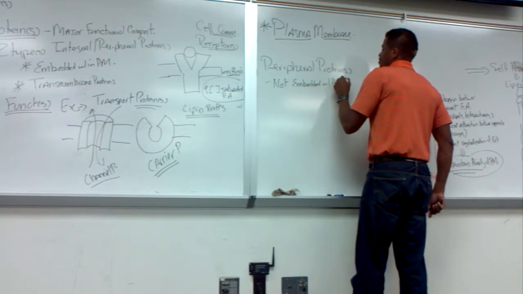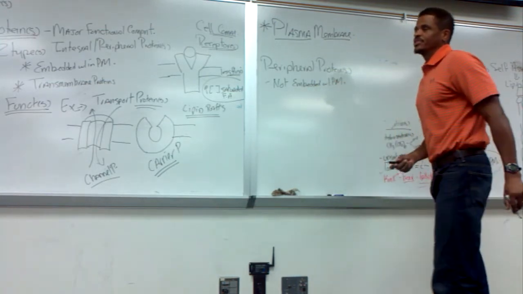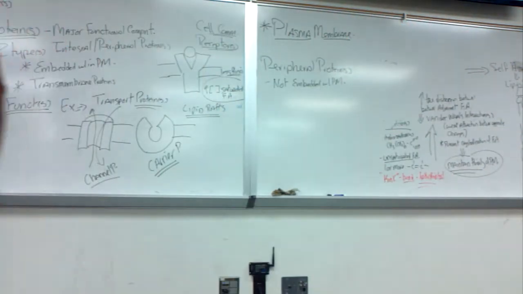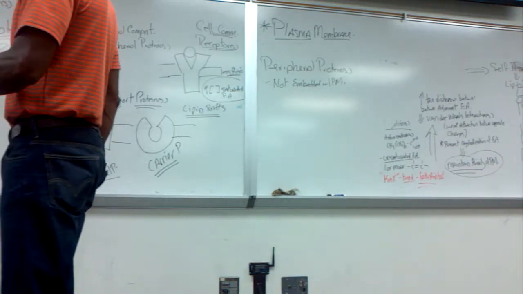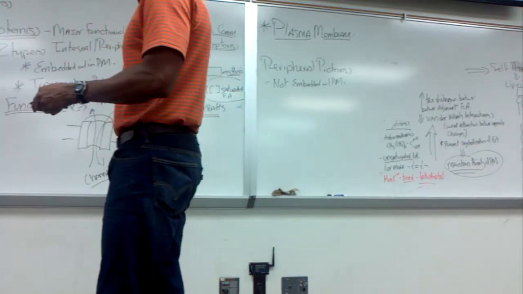They're loosely associated with the integral proteins, and the peripheral proteins will either be exposed to the extracellular fluid or the intracellular fluid. They're not transmembrane proteins, so they're loose. We have a weak association between the integral proteins and the peripheral proteins. They're exposed either to the extracellular phase or the intracellular phase.